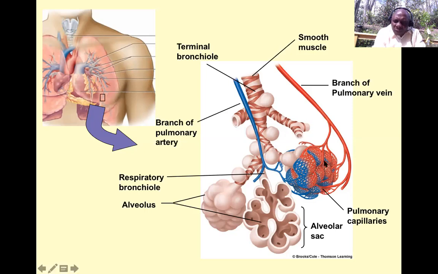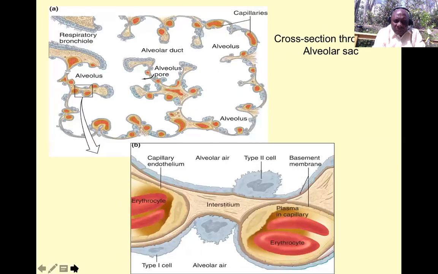The other factor, which we shall see later, is the steepness of the gradient, and also temperature. The air that's coming in is warm and wet because of the nasal cavity, which makes the air wet, not dry, and also warms it. Okay, with that, let's go to the next slide.